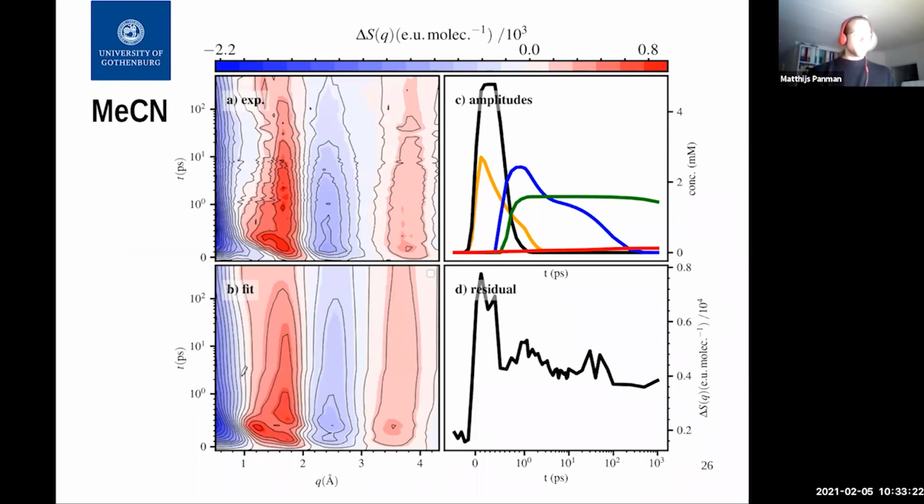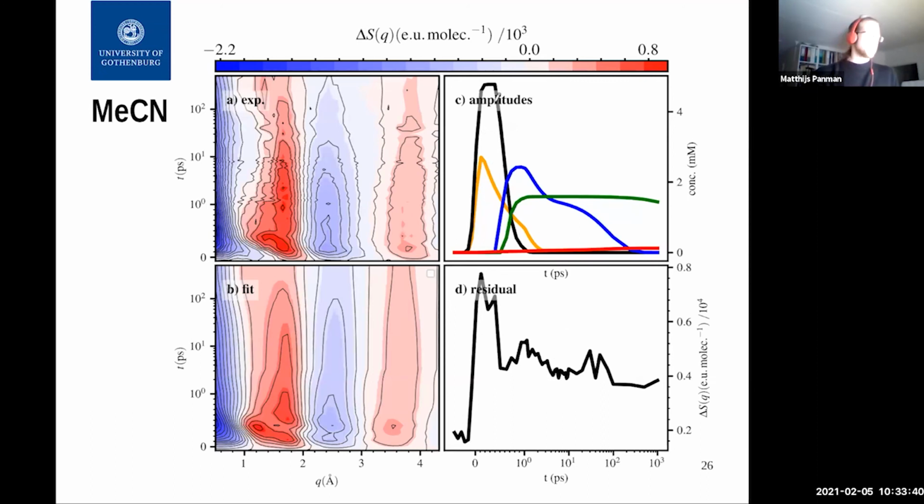We also performed exactly the same modeling with the same species and kinetics and everything in acetonitrile. And this fit is also fairly reasonable.